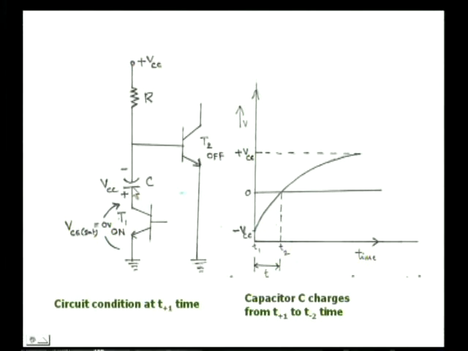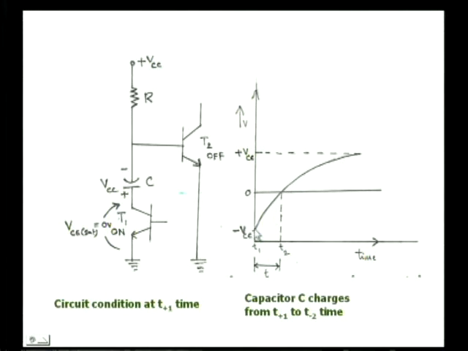When T1 is on, the charged capacitor plus terminal is effectively grounded. Now the capacitor can charge towards plus VCC through R and the short circuit across the collector emitter junction. So the capacitor is now charging from minus VCC towards plus VCC.